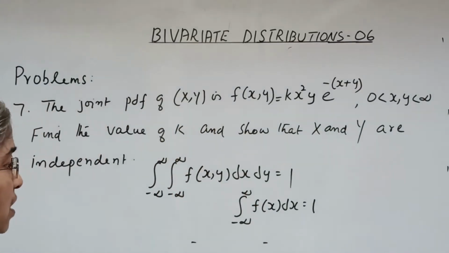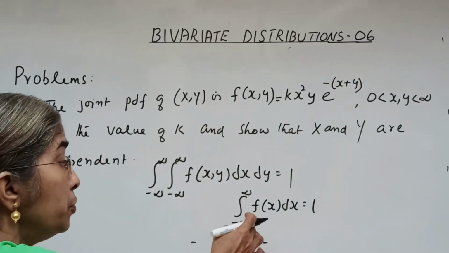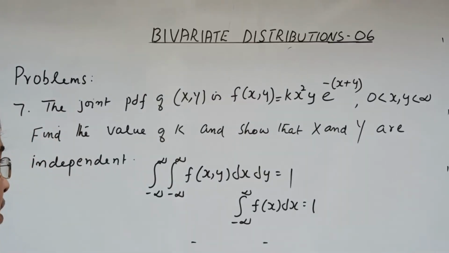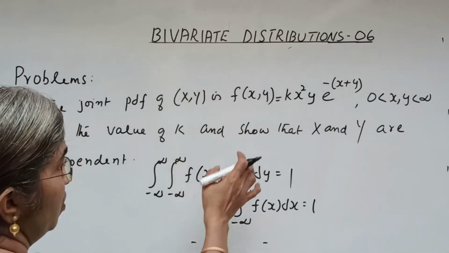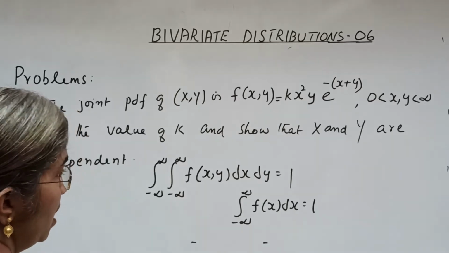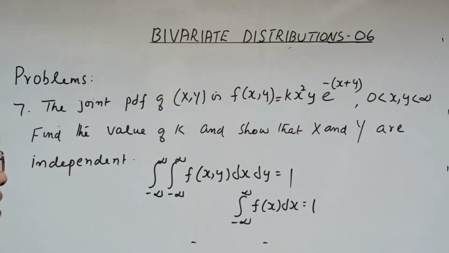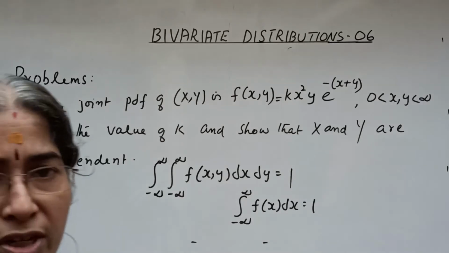This result is just an extension of the univariate result. Okay, so using this we can obtain the value of k, and then we have to show that x and y are independent.